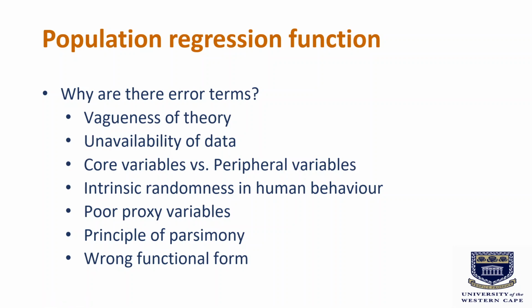Now, following on from the previous argument, there may be other variables that we can think of that should go into a model, but that we might not have data for. Let's say that we do have data for all variables. Well, it might be the case that there are an innumerable number of variables that might explain some phenomena. We might think of any number of variables that might be important for explaining household consumption expenditure other than income. Things like education levels, religious values, geographic location.